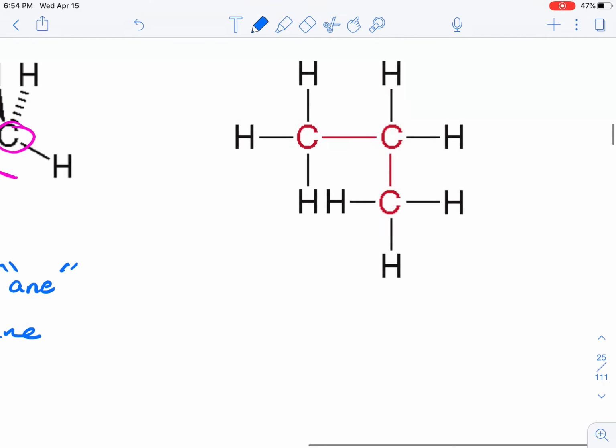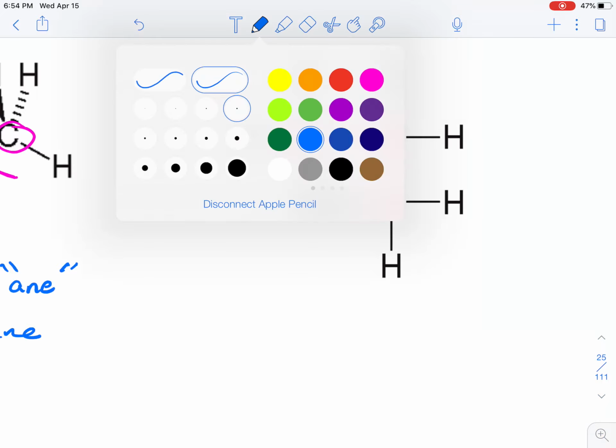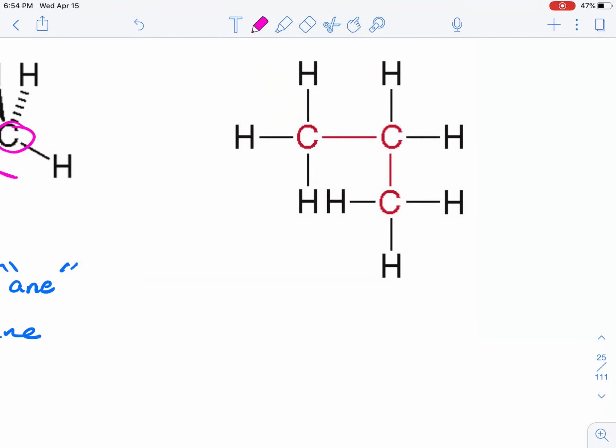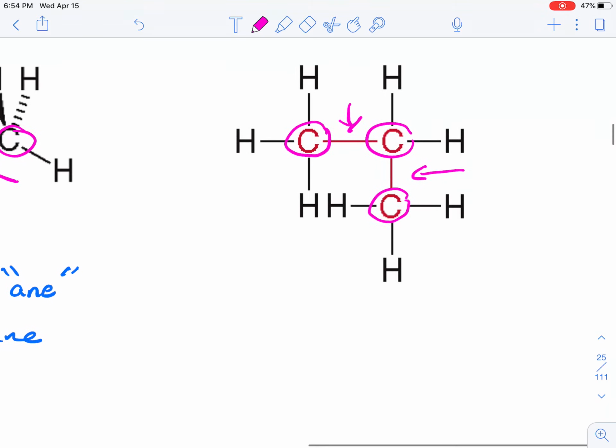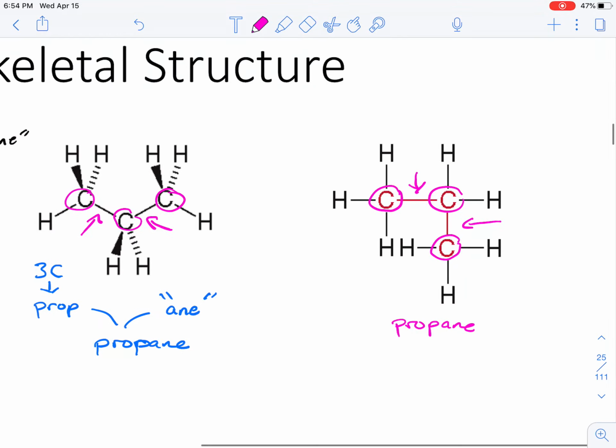Now, if you look at this structure, it's depicted a little bit differently than the second example. However, if you look at the number of carbons, 1, 2, 3, and the bonding between the carbons, it's still a single bond. And so this structure is still considered to be propane. I use these 2 examples to highlight that molecules can be represented in different ways.